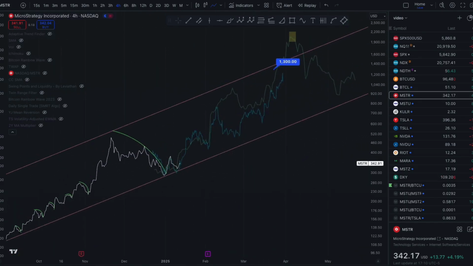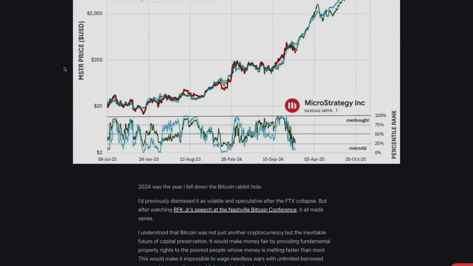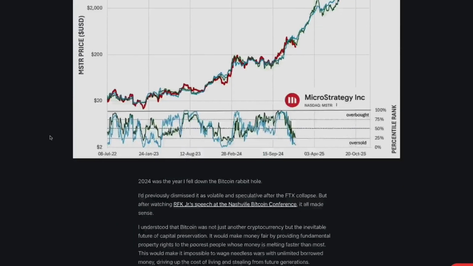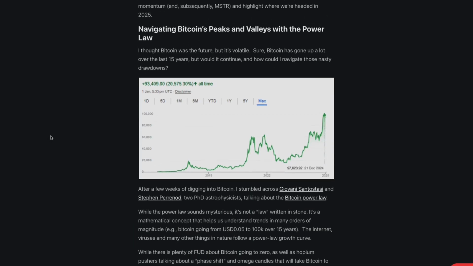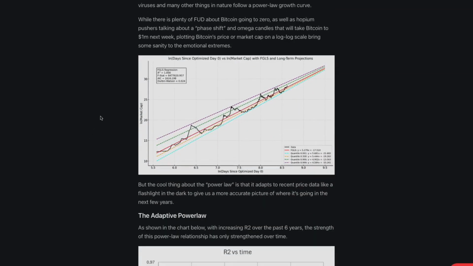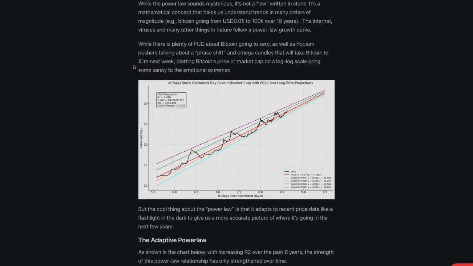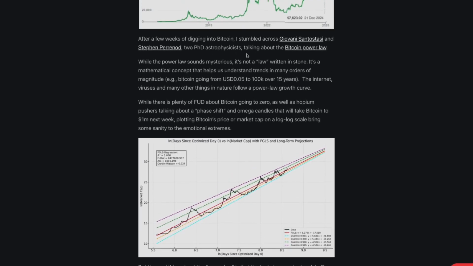And so that kind of brings me to, we're back on the MicroStrategist blog, right? Marty Kendall, this guy is a legend in the model that he put together for MicroStrategy and Bitcoin. But in one of these posts, he talks about the power law of Bitcoin, right? And so, we'll reread this.